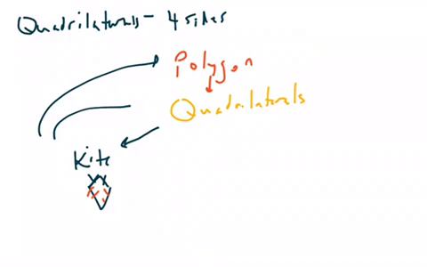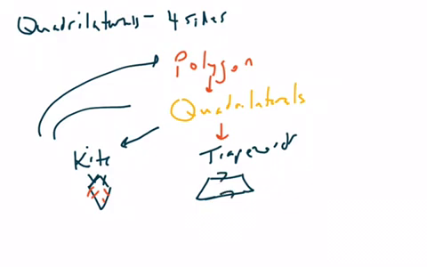All right. Another category we could have, in a different color, are trapezoids. Trapezoids have 1 set of parallel sides.